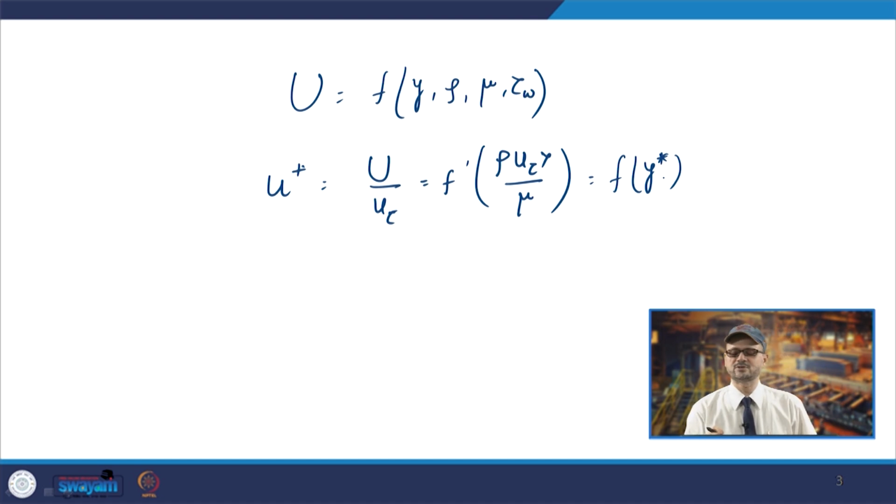Certainly on the wall y is 0, so y plus will be 0, and as you move from the wall, the y plus value will go on increasing. So this formula, u plus equal to f of y plus, that is u by u tau, is known as the law of the wall.